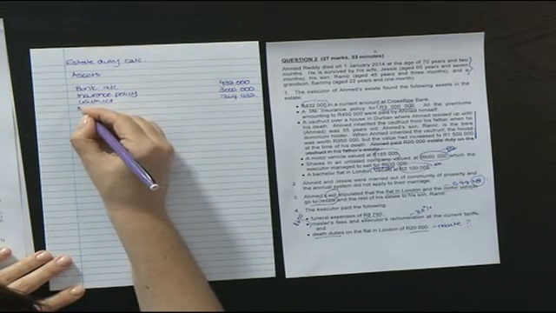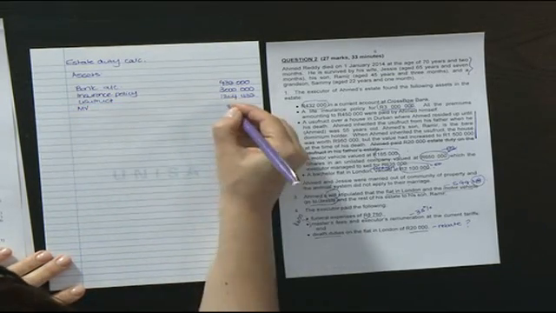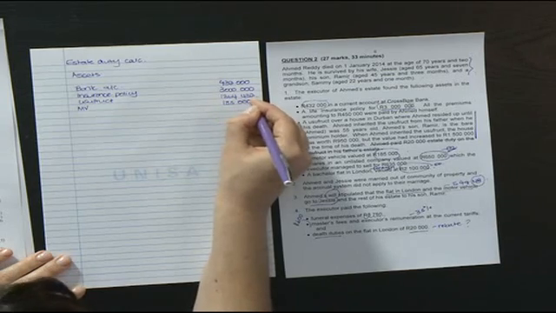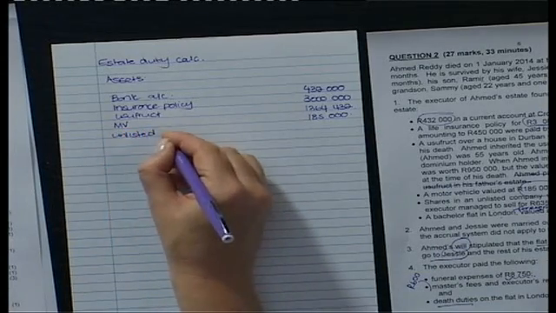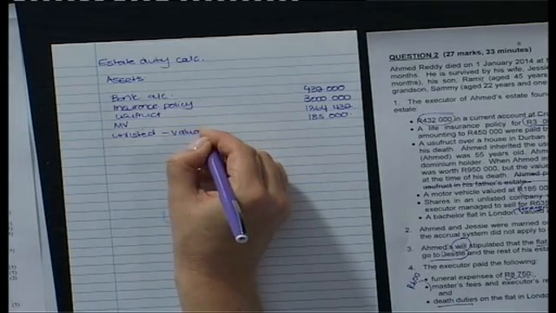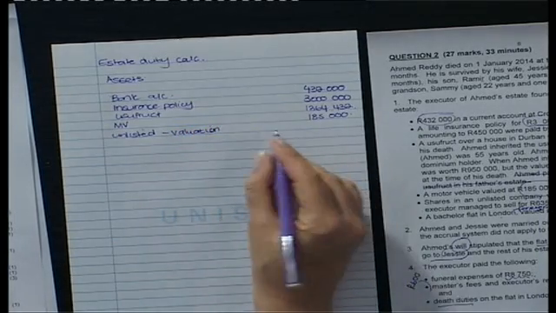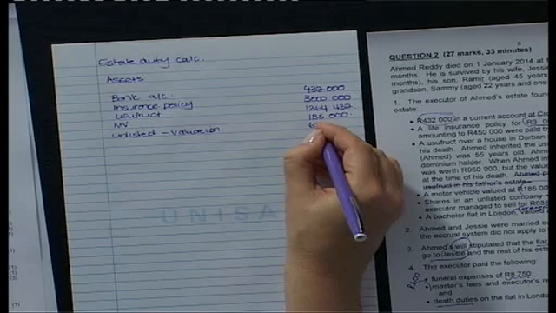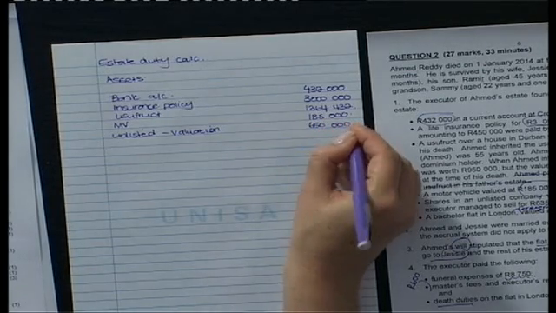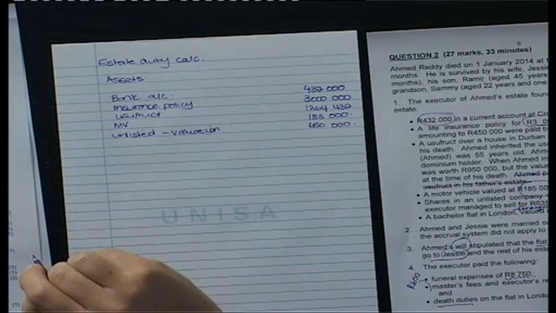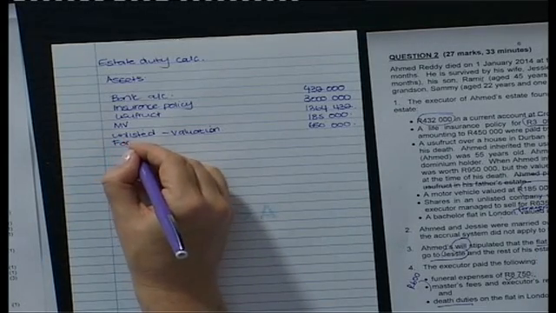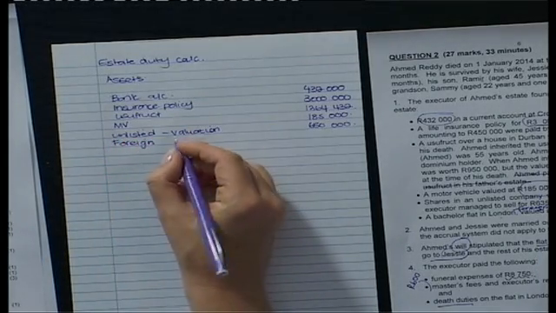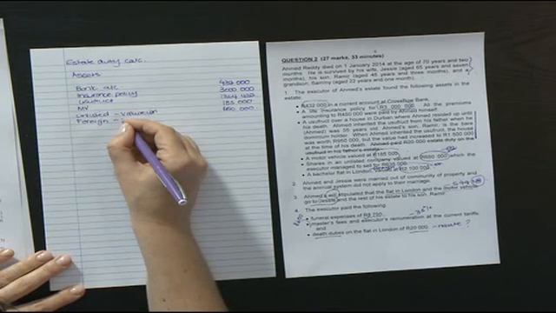Our next asset is the motor vehicle, valued at 185. We have those unlisted shares that we've spoken about. We need to use the valuation amount in our estate duty calculation, and that is the 650. Then we have the foreign property. Is foreign property included in our estate duty calculation? Yes, you have to include foreign property.